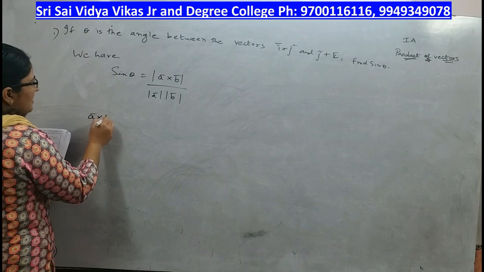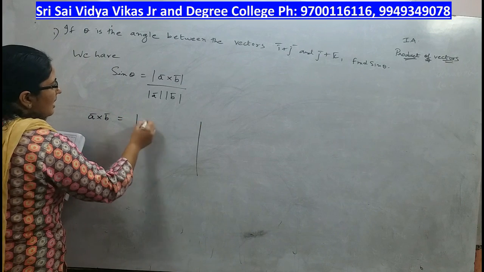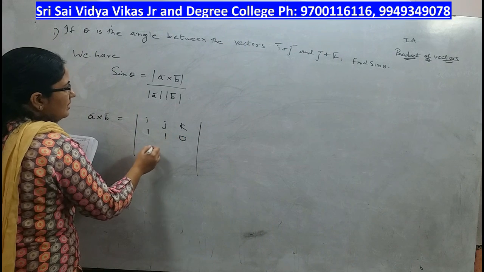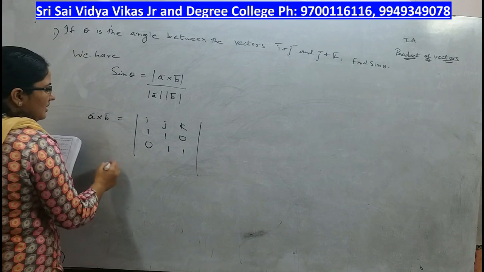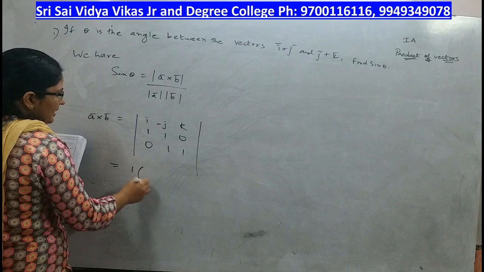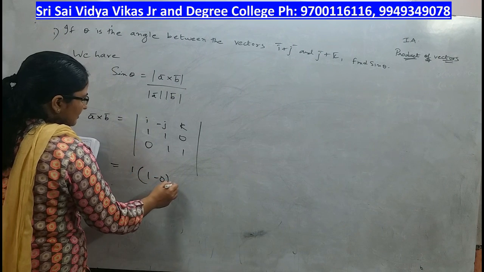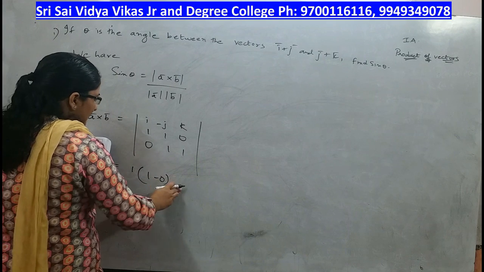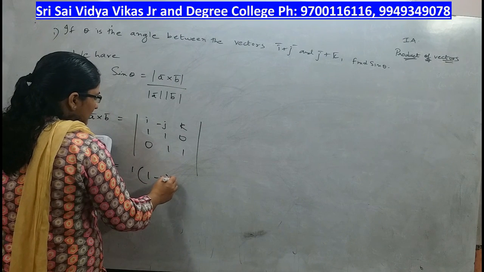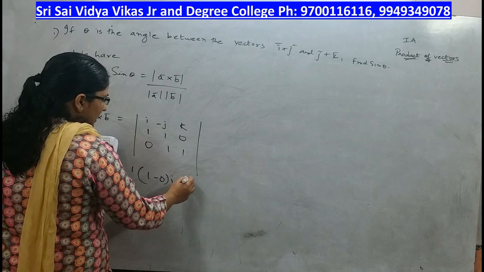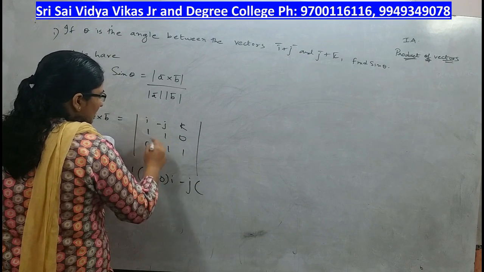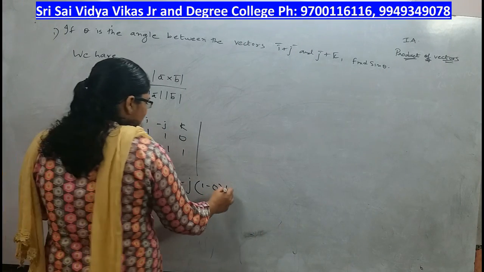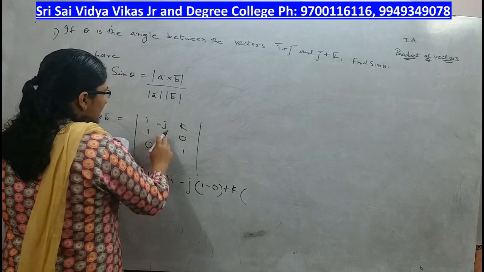Consider a bar cross b bar, that is determinant i j k, 1 1 0, 0 1 1, that is i into 1 minus 0, minus j into 1 minus 0, plus k into 1 minus 0.